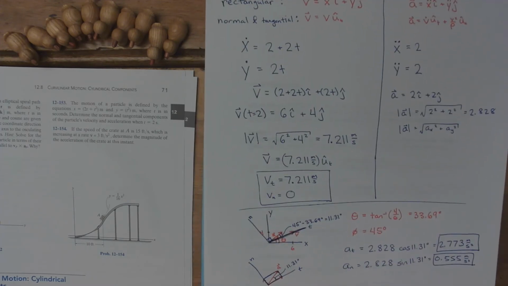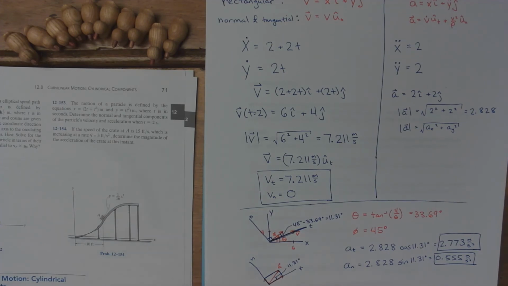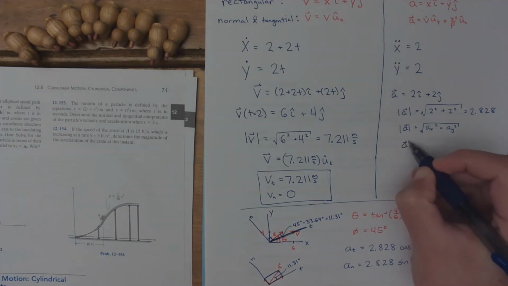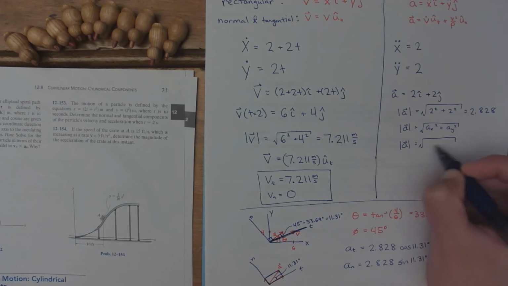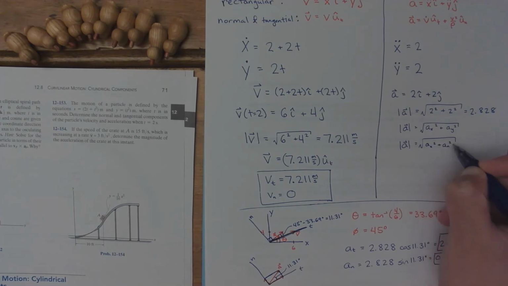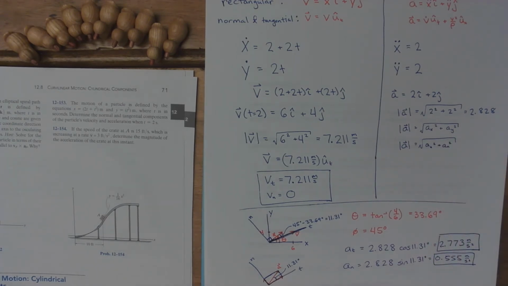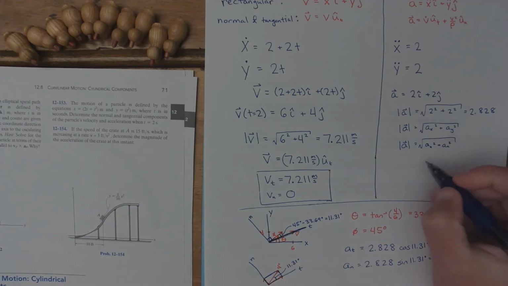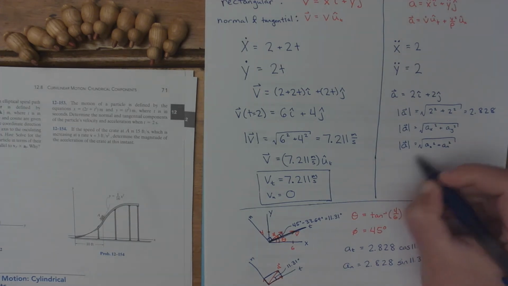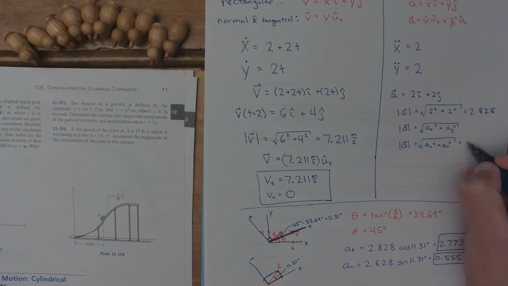But you can see from our diagram here, if you have the normal and tangential components, you could also use that to find the magnitude of the acceleration. We did it the other way around, but you can say the tangential component squared plus the normal component squared gives you the magnitude of the acceleration. So this must be equal to 2.828.